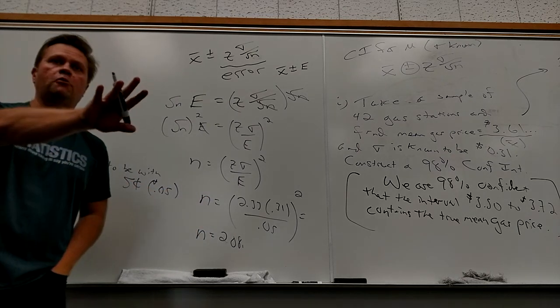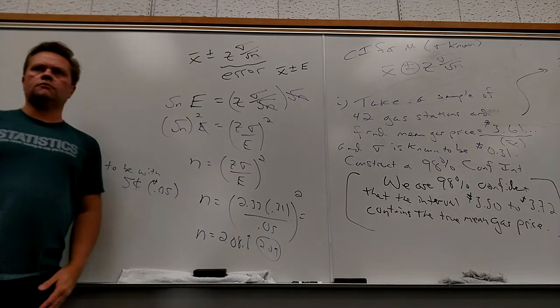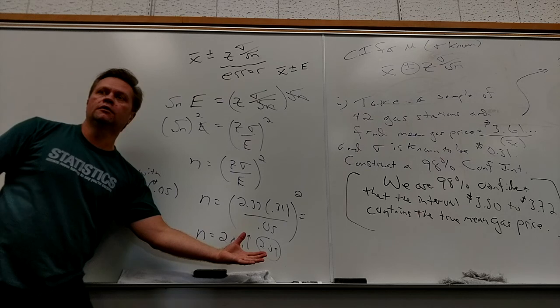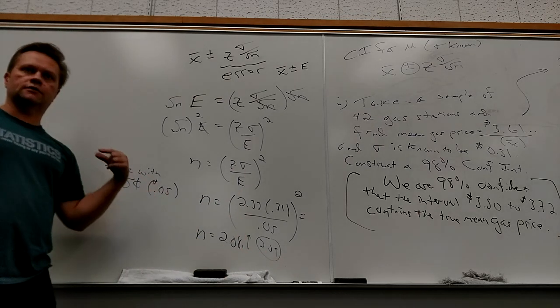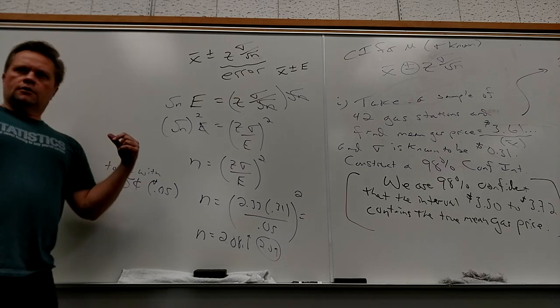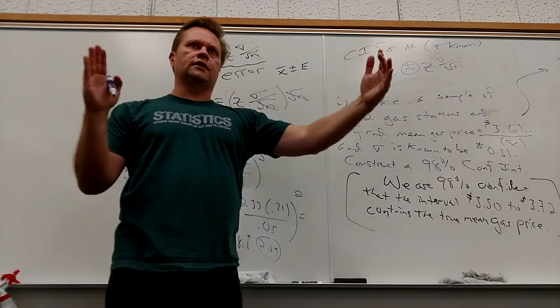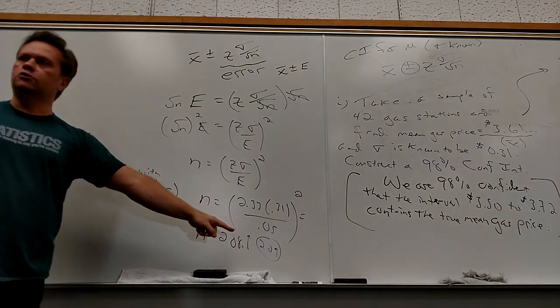And it doesn't matter what the decimal is, you always round up. 209. Because you need at least 208 point something, so if you round down, you don't have enough. You're not going to be within 5 cents. So a sample of 42 makes the error 11 cents. If I want to make the error 5 cents, I need a sample of 209.